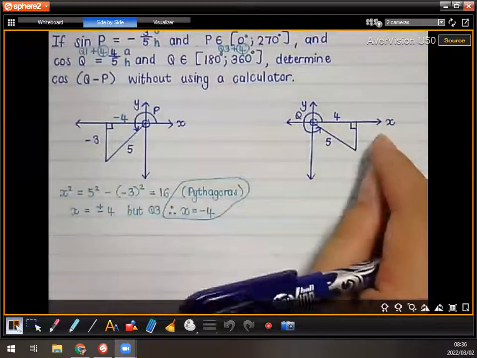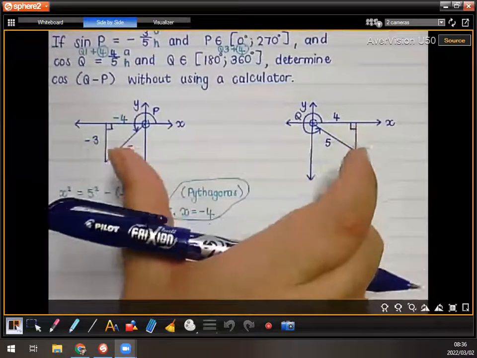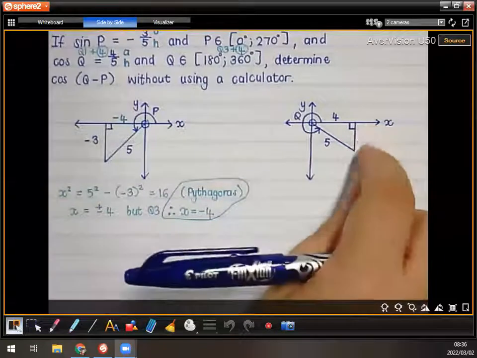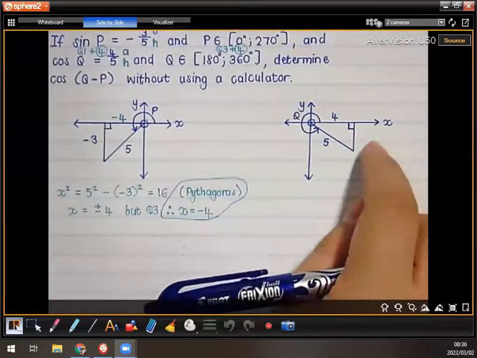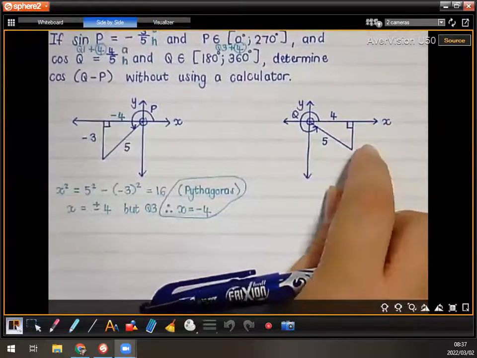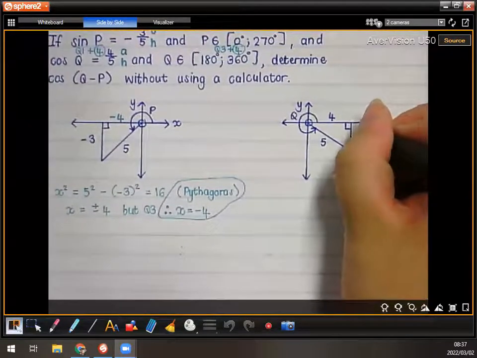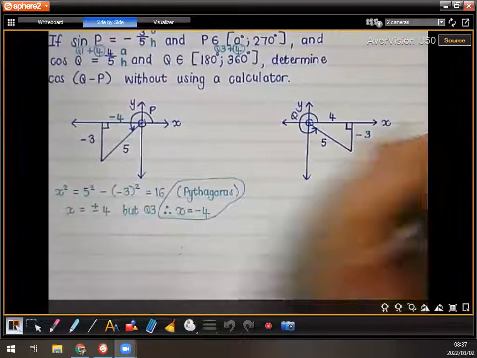What is that other side going to be, guys? These two triangles are actually the same, I'm noticing, they're just in different quadrants. So what is that side going to be? Is it going to be 3 or negative 3? Negative 3, right? It's on the negative side of the y-axis.